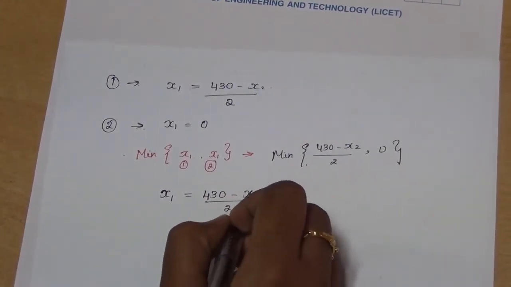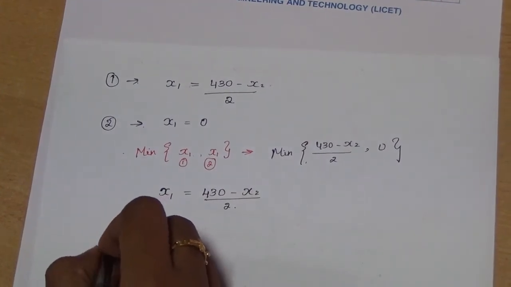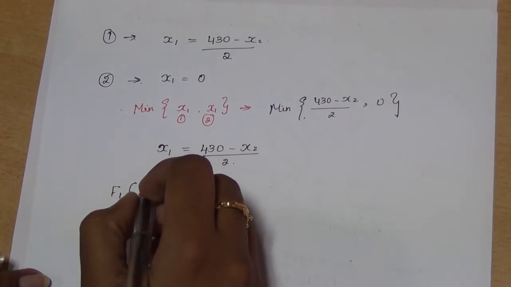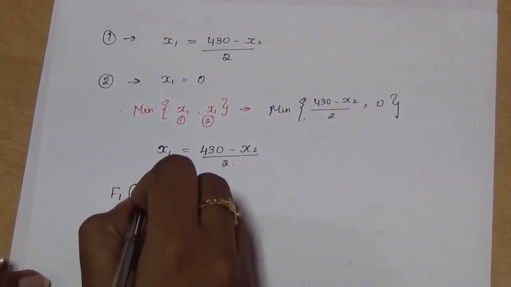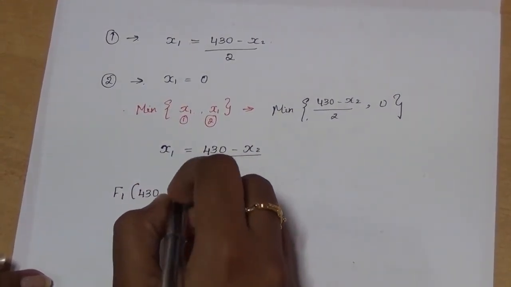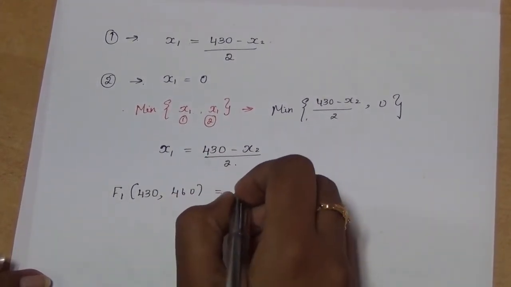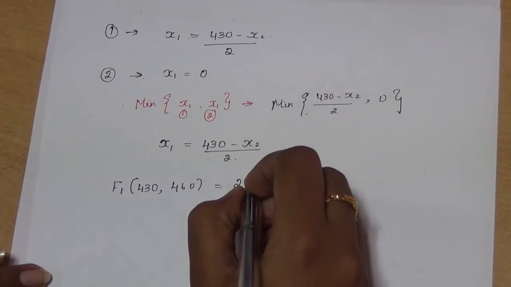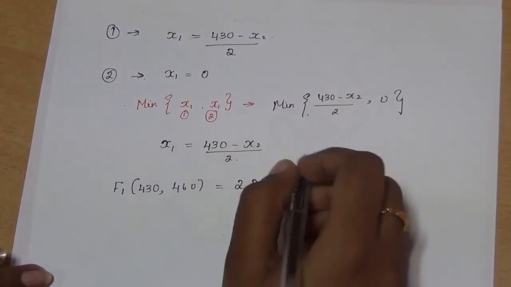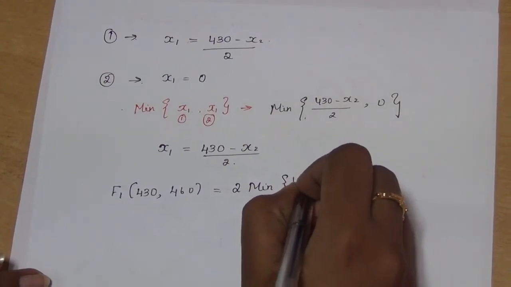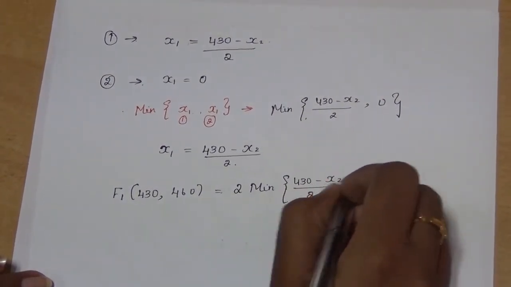Now we substitute this x1 value in the function. So f1 of b1, where b1 is the right hand side of constraint number 1, 430, and b2 is the right hand side of constraint number 2, 460, is equal to 2 times the minimum of 430 minus x2 by 2.